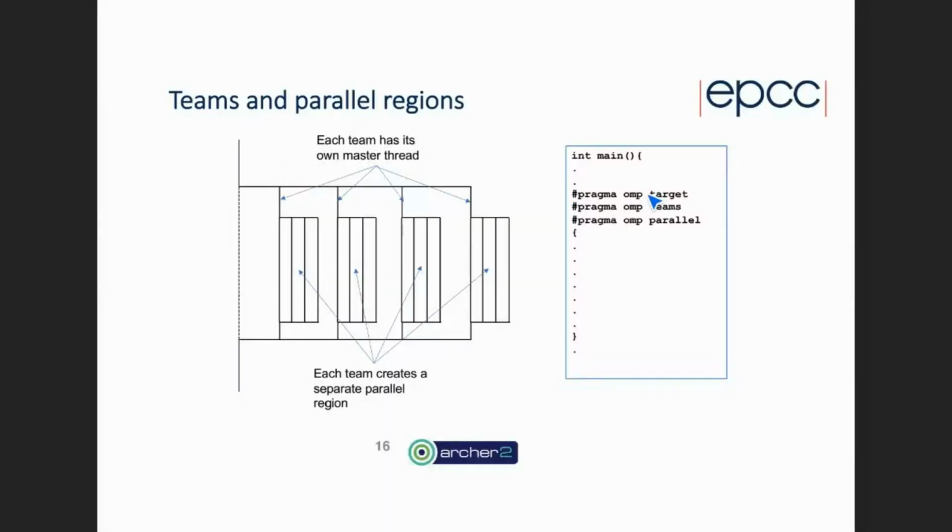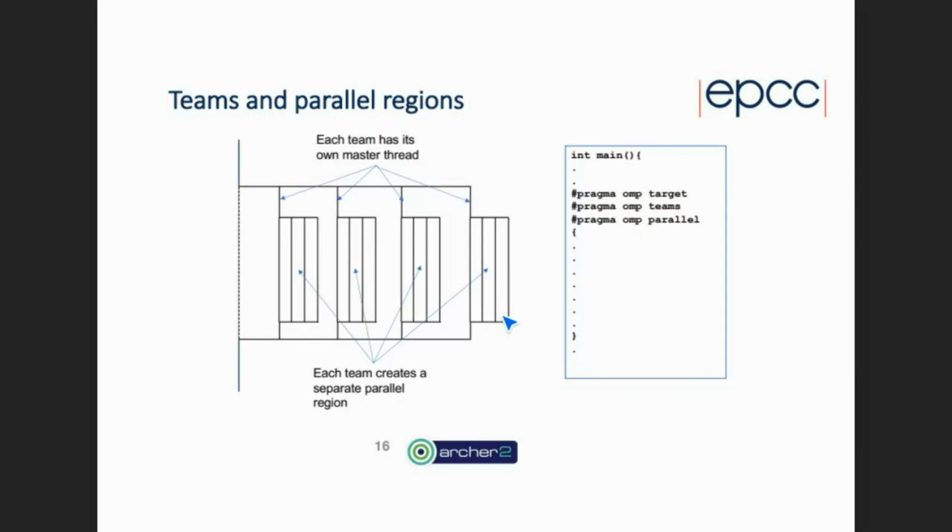The teams construct creates these multiple master threads. And then each of those teams can fork threads in a parallel region. So that's how you get this hierarchical parallelism that maps onto the GPU hardware in OpenMP.